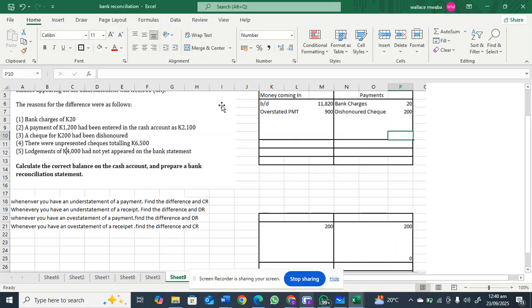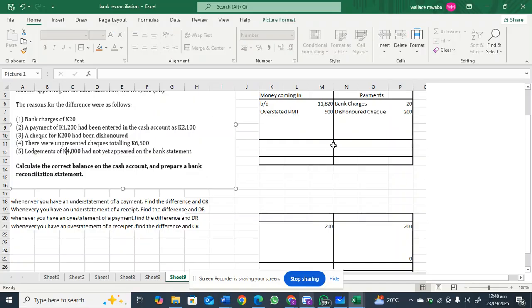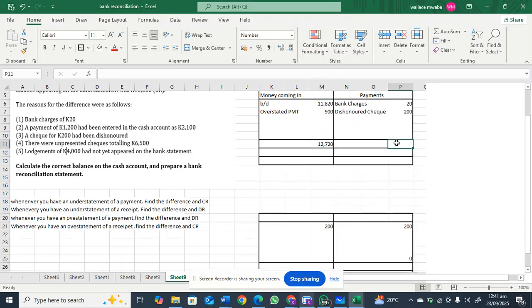Right. So we need to calculate our new balance for the cash book. Since the debit side looks greater, we get the total, that is 12,720. The total on the credit side is 200 plus 20, that's 220.